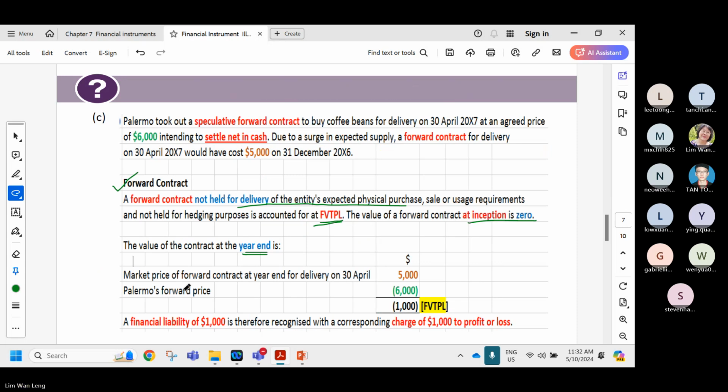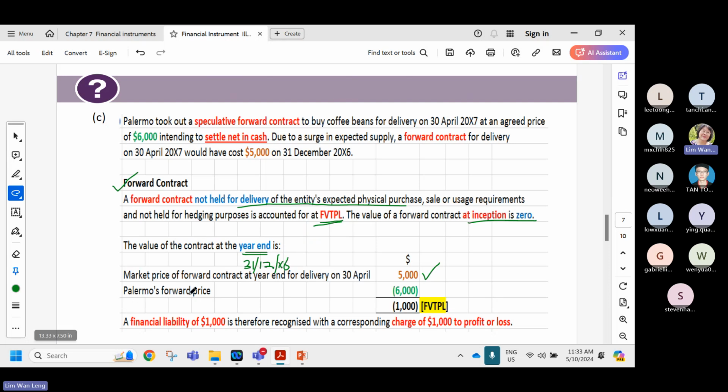The market price for the forward contract at year end, 31st December X6, for delivery on 30th April X7 is 5,000. This one we know. At year end, if you enter into the same transaction a little bit later, you only need to pay 5,000.